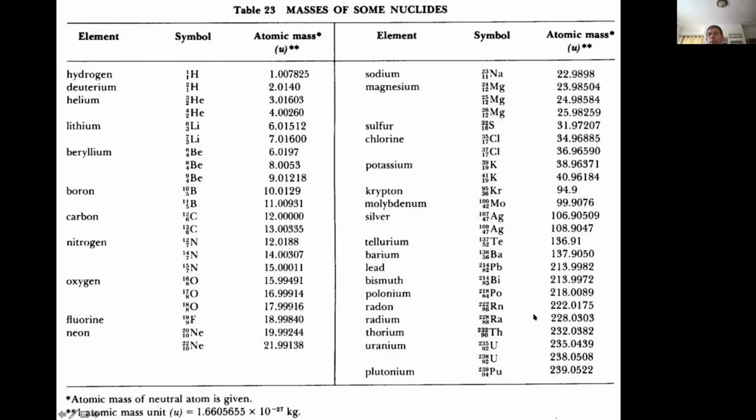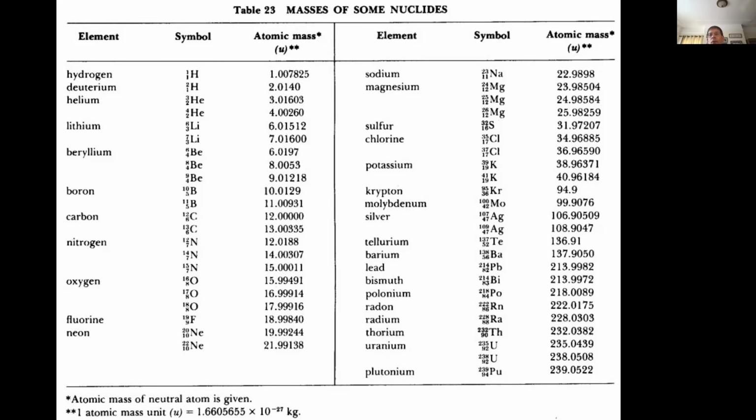Then an interesting thing happens. If you keep going up and up and up, all of a sudden you find that here you are, for example, at thorium-232, we're back to the old situation where the atomic mass is actually larger than the integer. It's 232.0382. So in fact, yes, it's bound because it exists. We dredge it out of the earth. Of course, it's bound.